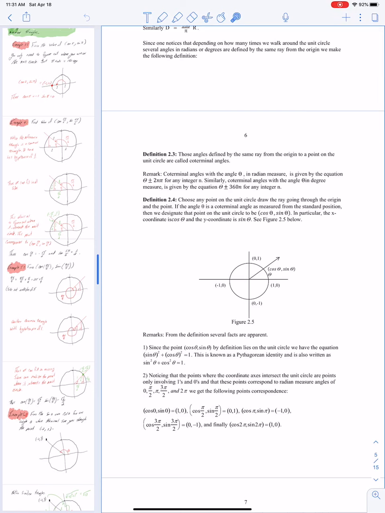Finally, if I walk all the way around my circle, I'm back at the same spot I started, and that's back at the point 1, 0. That tells me cosine of 2 pi is 1, sine of 2 pi is 0. Notice that 2 pi and the angle 0 both begin and end at the same spot. They are coterminal angles, which makes sense.